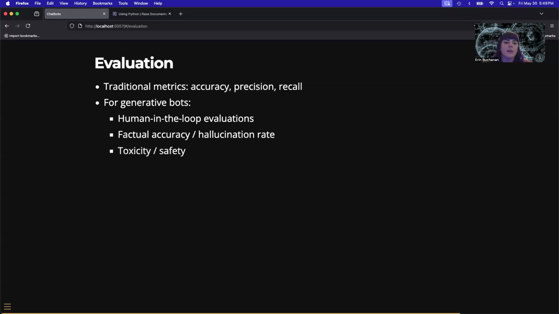So we could mark how toxic it is, or safety rates, making sure it doesn't recommend doing things that you shouldn't do. And toxicity really comes from a Microsoft Twitter bot that they just let loose with no guardrails.